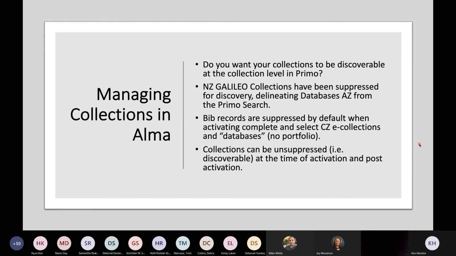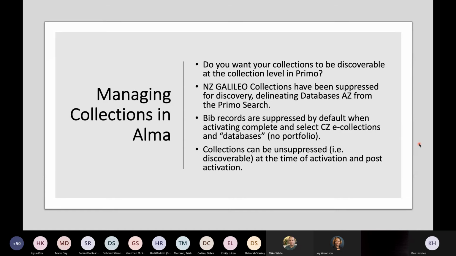By default, when we went to Alma 4 years ago, we basically decided to keep the collection suppressed, to delineate a database A to Z from the Primo search, which is at the title level. That's definitely a decision that can be made by institutions independent of what the consortium is doing in the network zone.